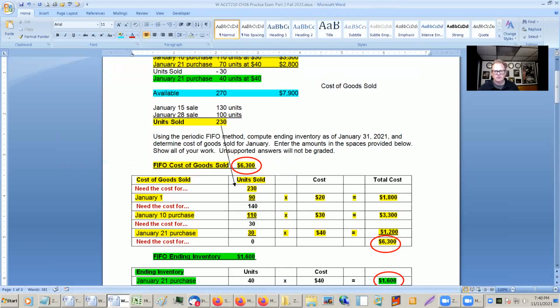If we had sold 6,300 of these, so of these costs, 6,300 was sold, the rest of it must be in ending inventory.